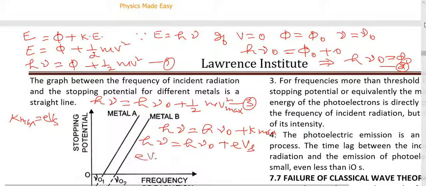From here I will calculate the value of e Vs. This will be h nu minus the work function, phi naught. And from here we get the value of Vs, which is h by e into frequency minus phi naught by e.